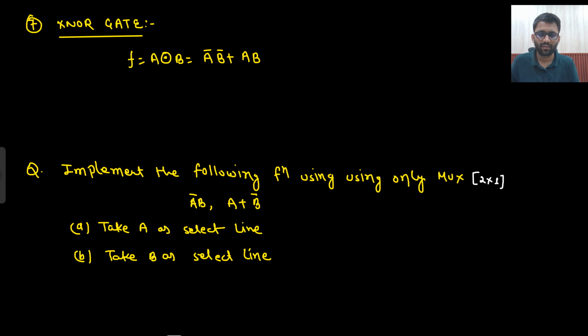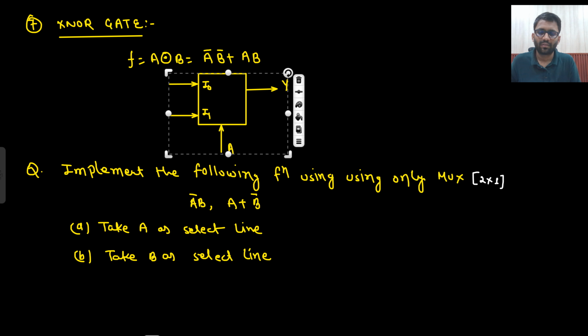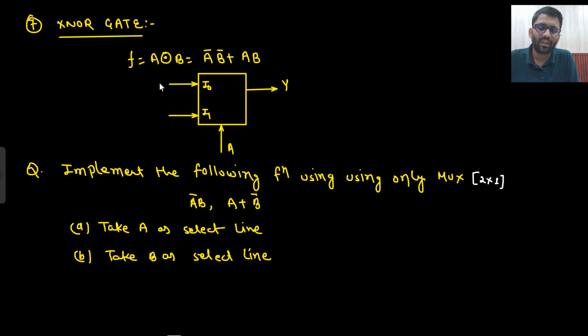What about XNOR gate? This is your XNOR gate. So if A is not coming, I would need B bar, and if A is coming, I would need B. So here the answer is A bar B bar plus AB.